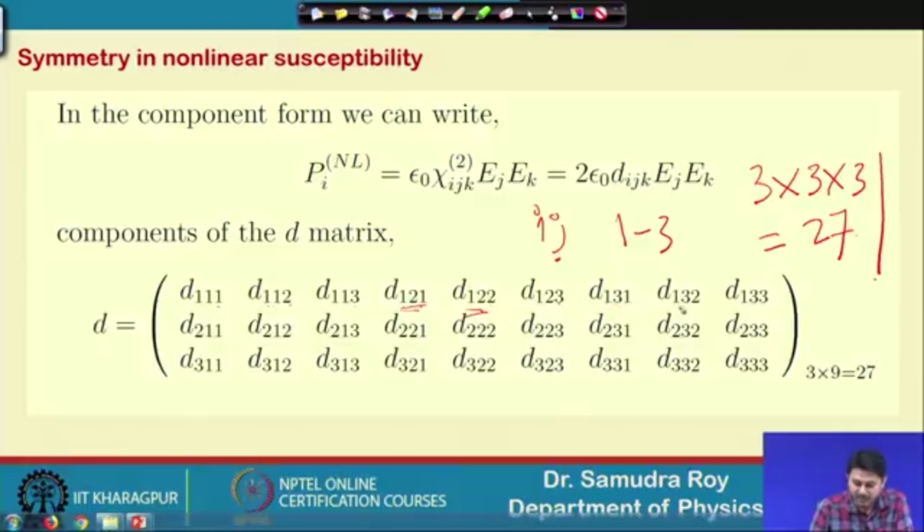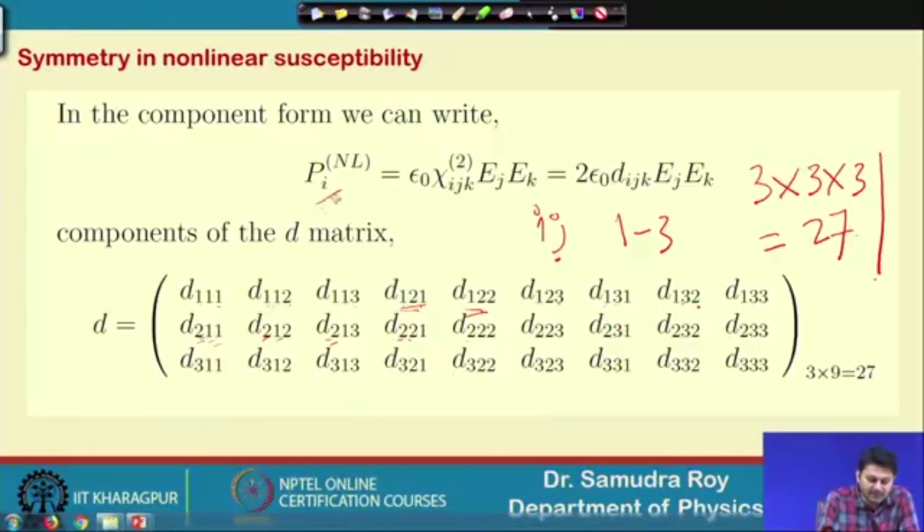Then 1 3 1, 1 3 2, 1 3 3, not changing 1 and 3. In a similar way, now I am changing the i value: 2 1 1, 2 1 2, 2 1 3, 2 2 1, 2 2 2, 2 2 3, and so on. So, if you write all these things in some sort of matrix form, you will find that there should be 27 elements. These 27 distinct elements one can have once we have the entire picture.